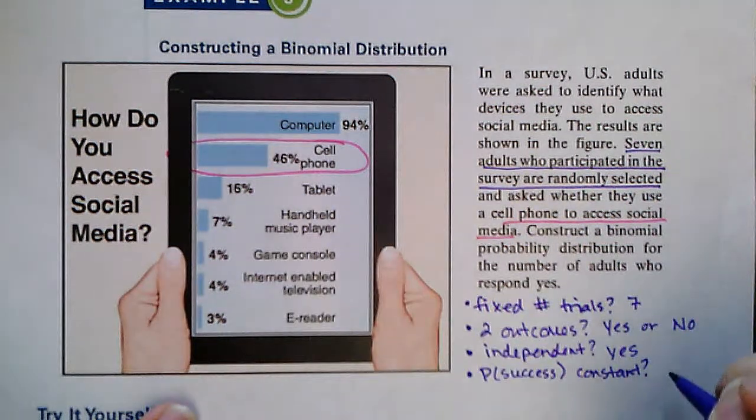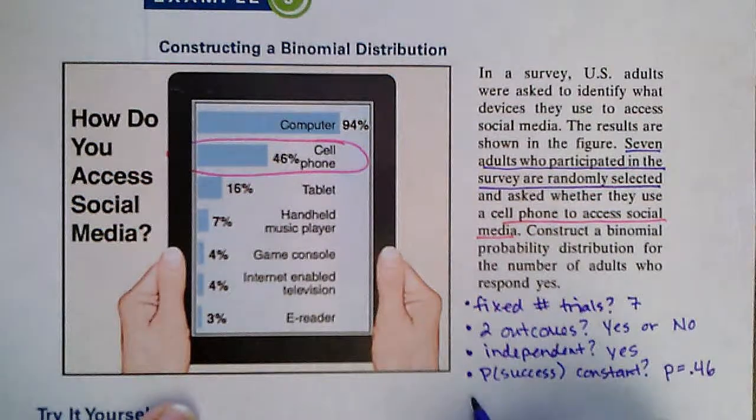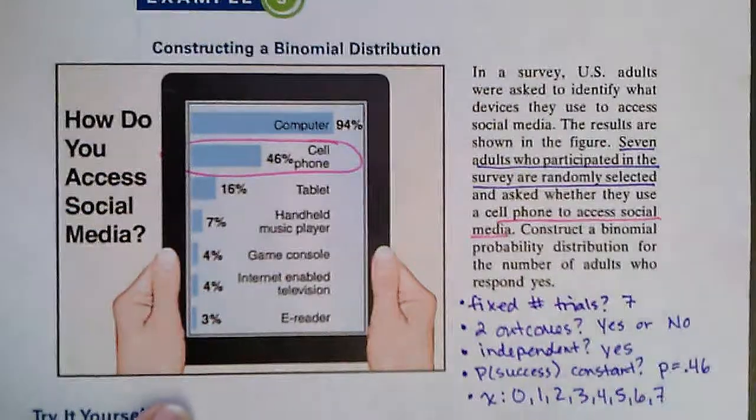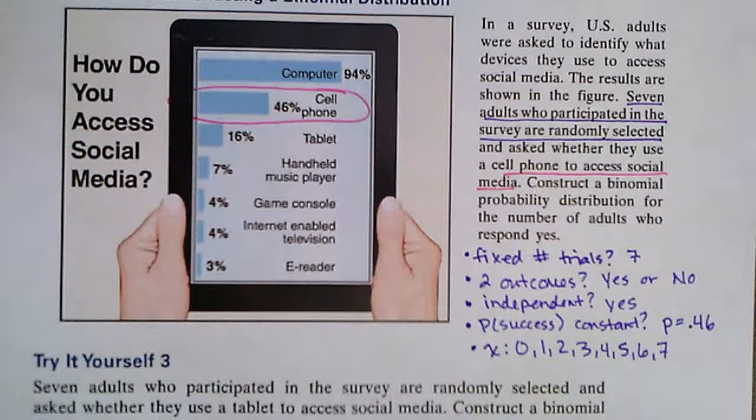So that's going to be the probability for success. It will be 0.46. And then the last one is the random variable x is the number of successes. So x could possibly be anywhere from 0 to 7. So yes, it is binomial.